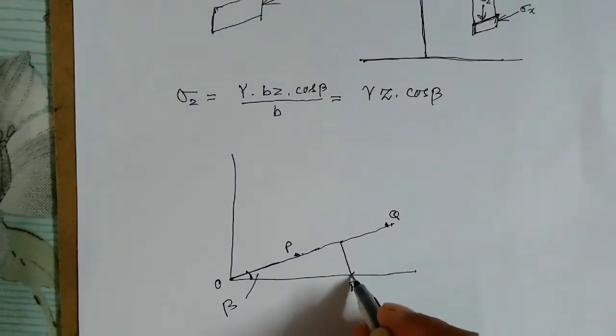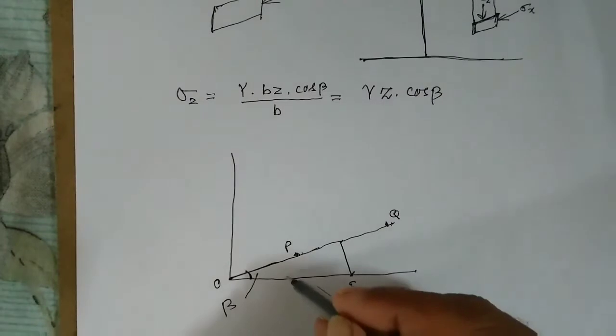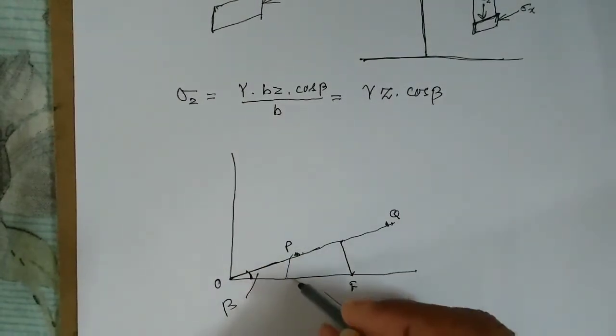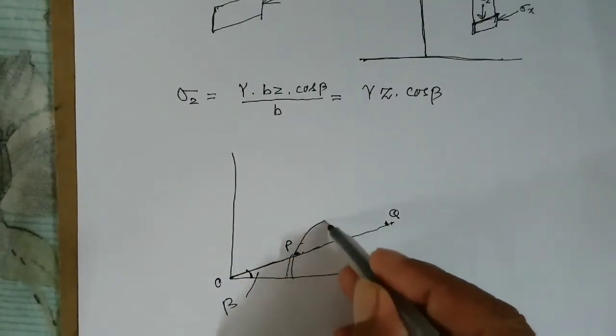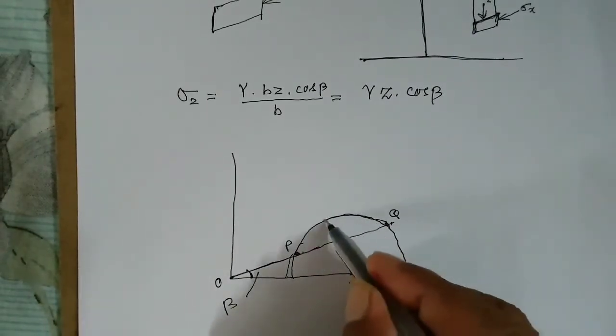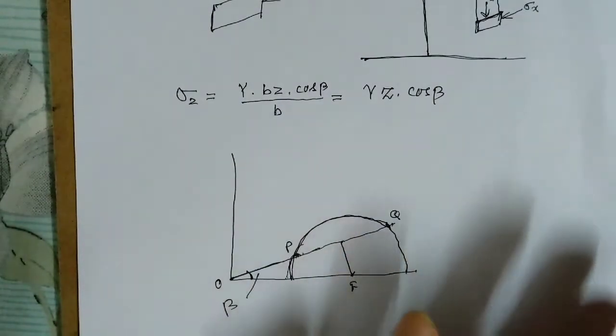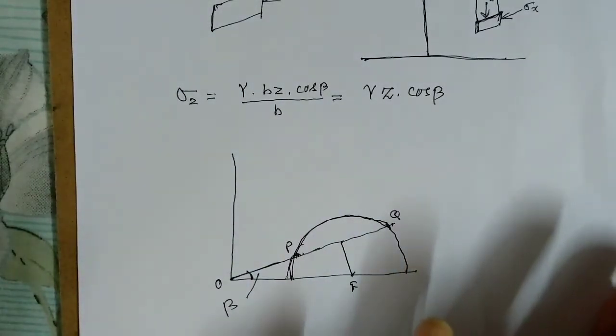Now with F as the center of the Mohr circle and FP or FQ as the radius, we can construct the circle or semicircle, which is the Mohr circle of stress. And the Mohr circle is ready.